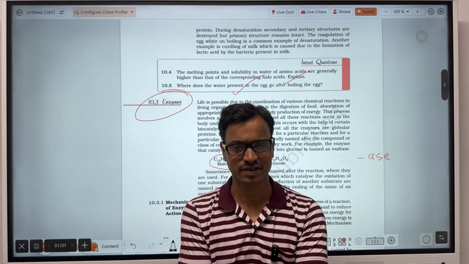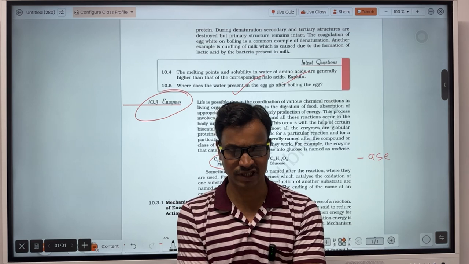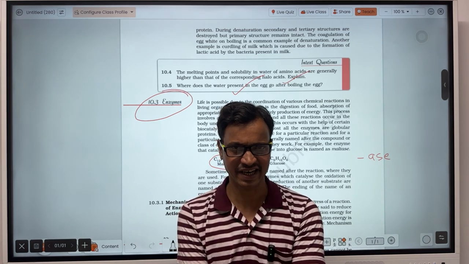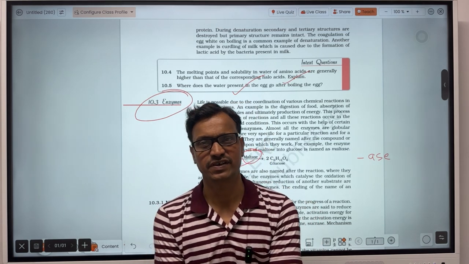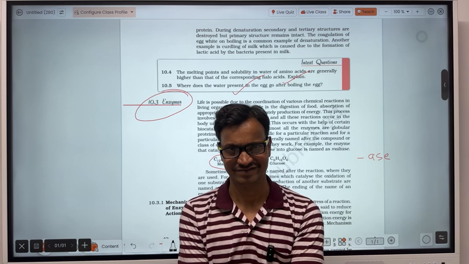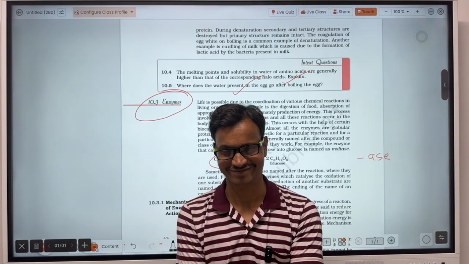If the enzyme participates in an oxidation reaction, it is named oxidase. In the same way, if the enzyme causes inversion, it is called invertase.